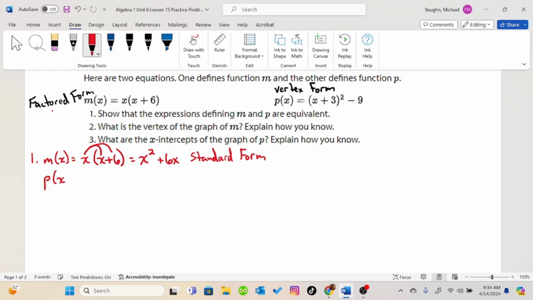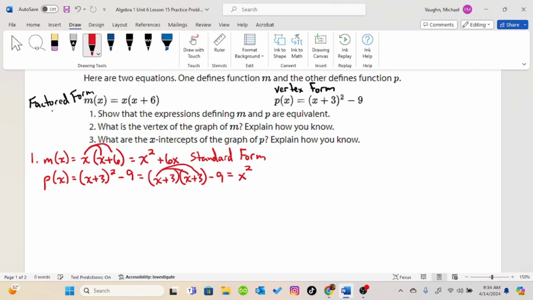P of x equals x plus 3 squared minus 9. That becomes x plus 3 times x plus 3 minus 9. X times x is x squared.